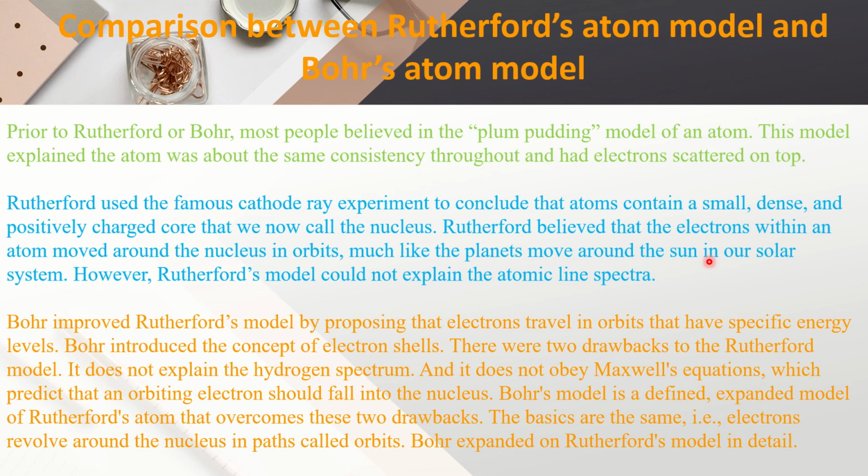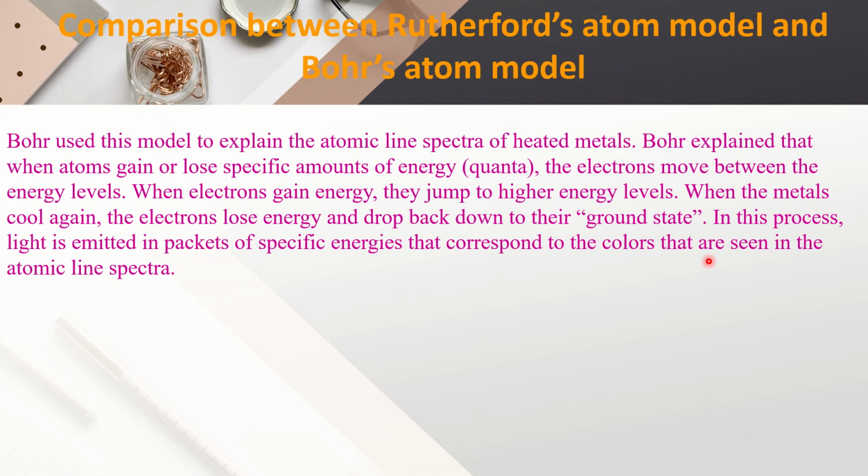The basics are the same, that is, electrons revolve around the nucleus in paths called orbits. Just Bohr expanded on Rutherford's model in detail. Bohr used this model to explain the atomic line spectra of heated metals. In Bohr's model, Bohr explained that when an atom gains or loses specific amounts of energy, the electrons move between the energy levels.